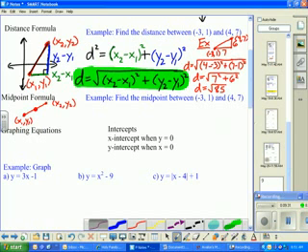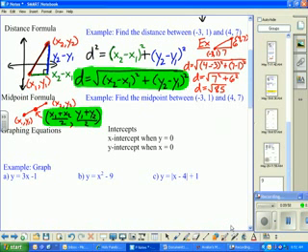But we need to know, well, where is that? Now, the middle of the two x's, wouldn't I just find their average, right? Divided by 2. And same with the y's, divided by 2. So that is your formula for your midpoint.